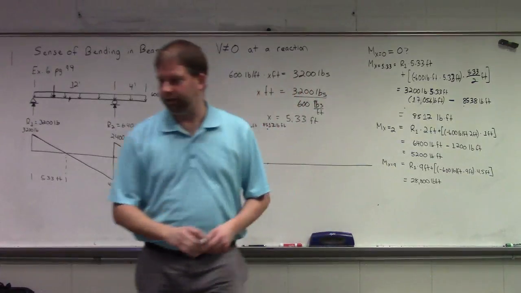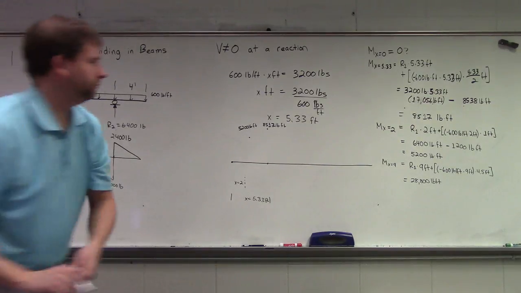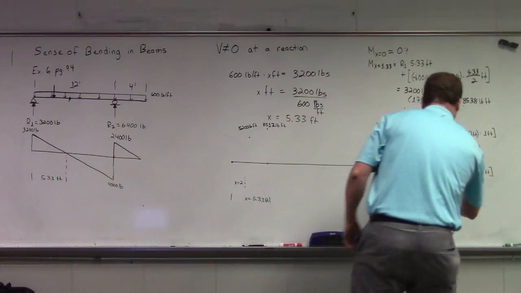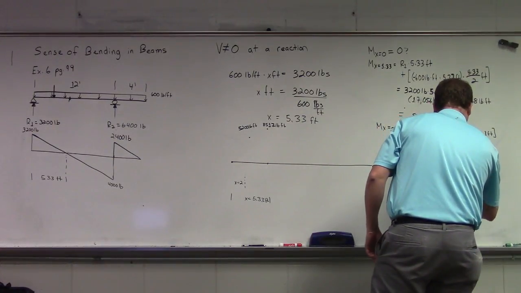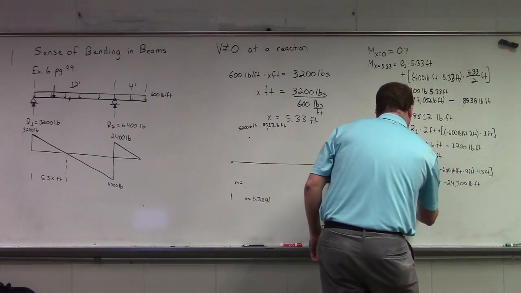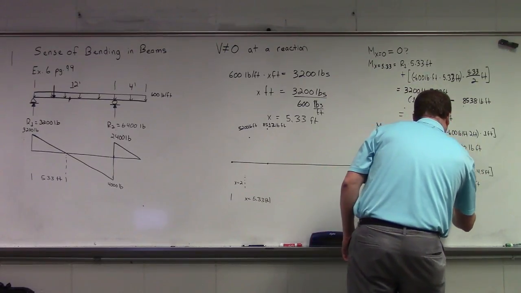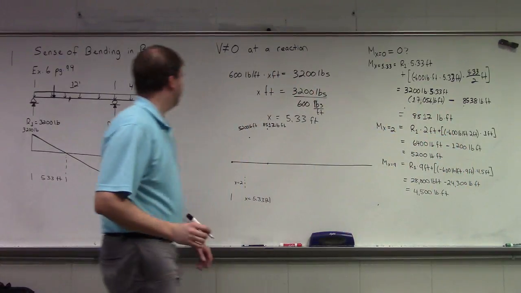Minus 4.5 times 5,400. That's not the right answer. 4,500? Okay, 4,500 pound-feet.